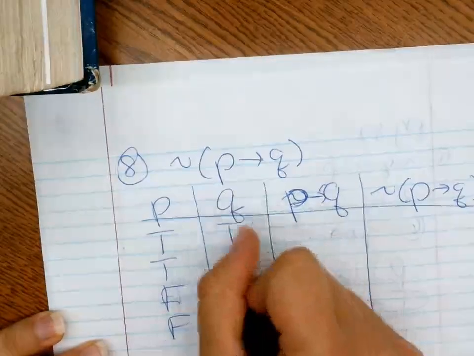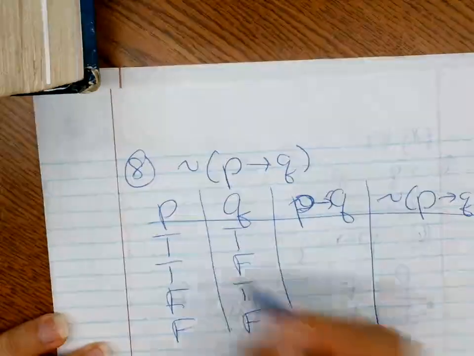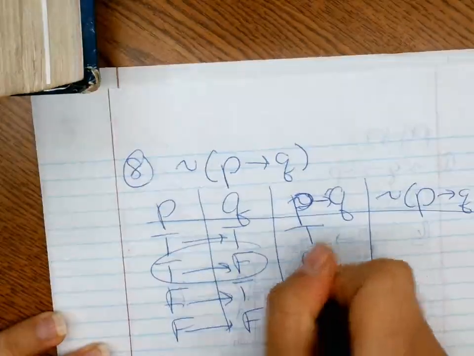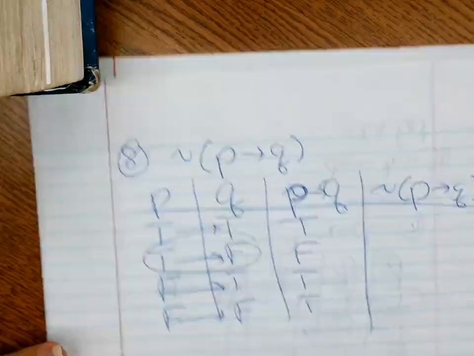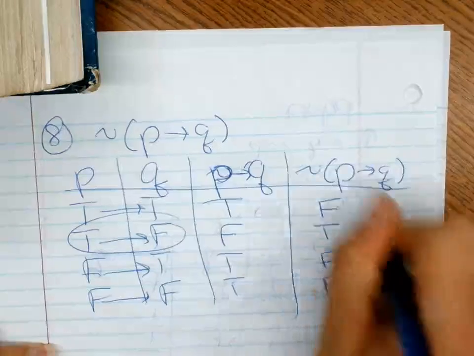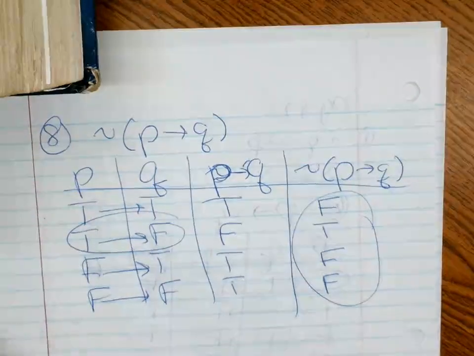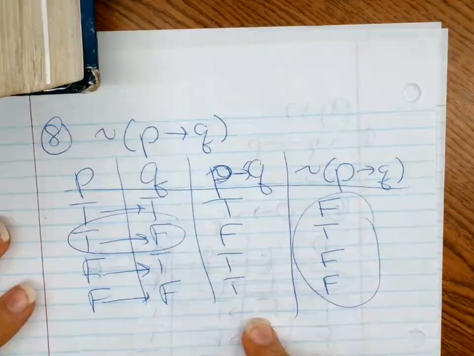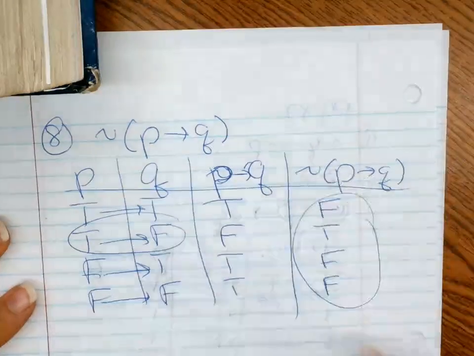True, false, true, false. From P to Q: true, false, true, true, right? Negate it: false, true, false, false. Just do my normal conditional, my normal if P then Q, and then negate it.